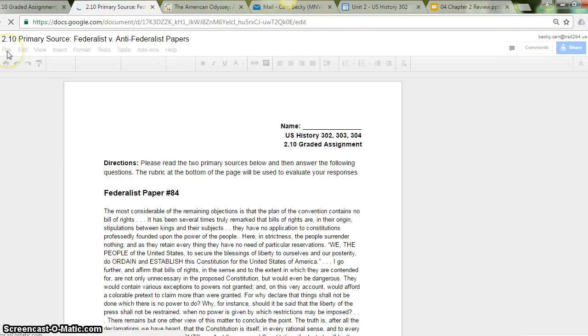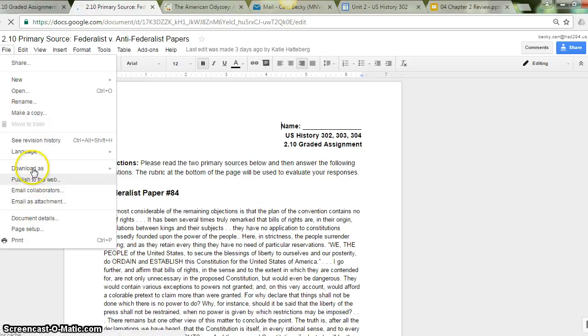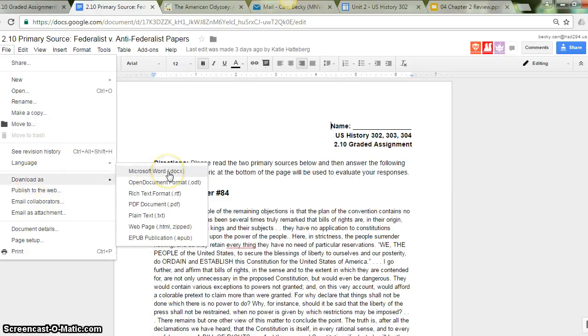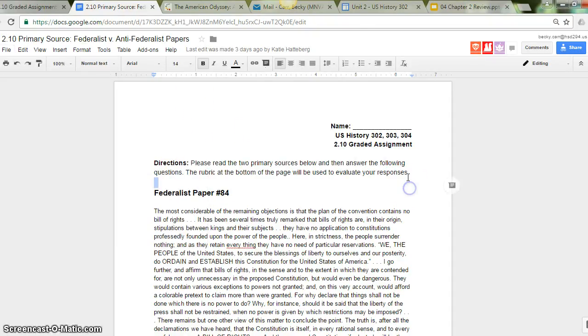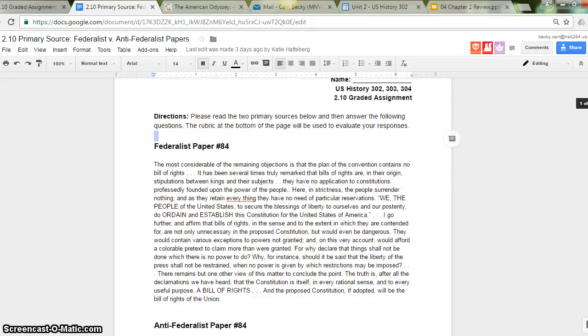See, up here you have File, Download As, and if you just want it as a Word doc or an OpenOffice document, those are the two choices you have there that are probably the most popular. Then you can download it and open it up on your own computer to be able to fill it out. But what you're doing for the graded assignment is as follows.